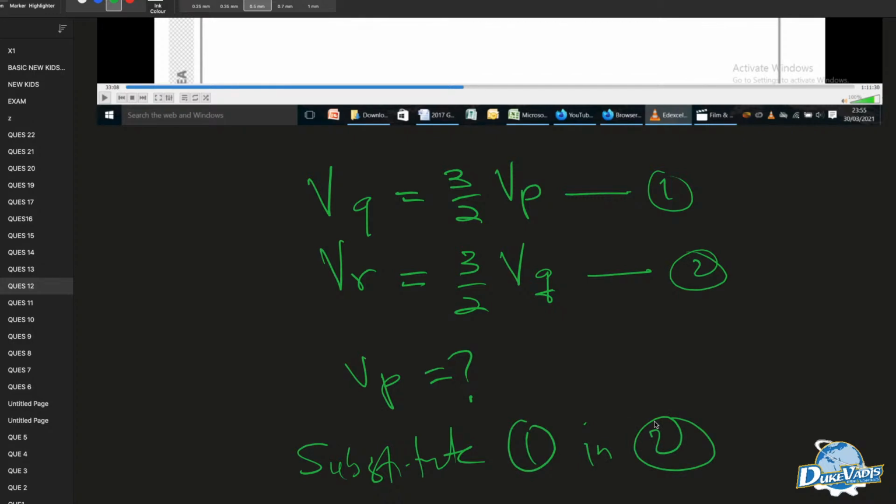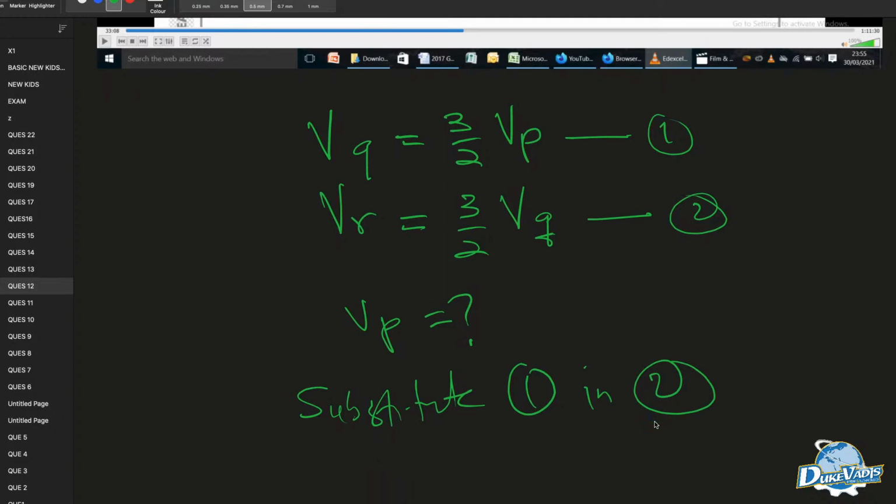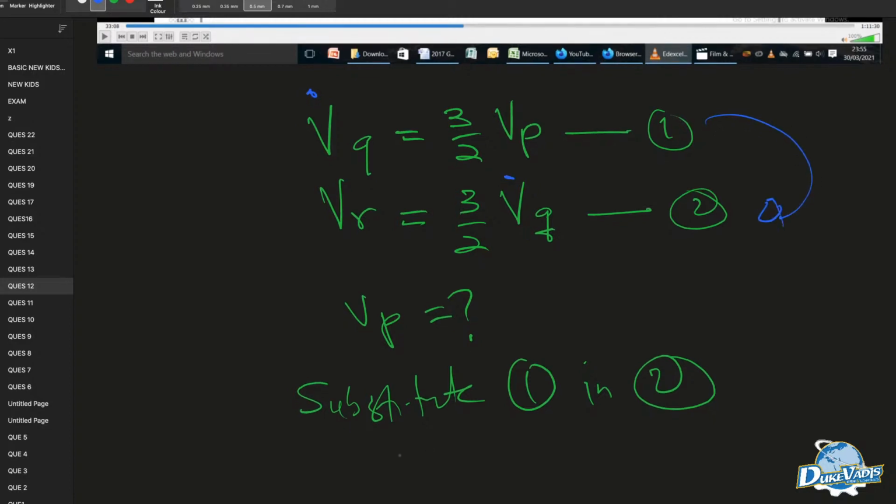We know VP, and we know VQ, so we substitute this one into this, so that our equation VR will be equal to 3/2 into the bracket 3/2 VP.